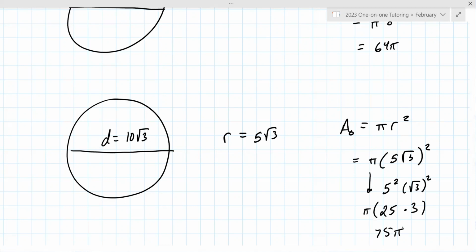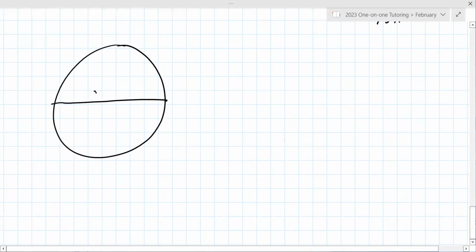Okay, I guess that makes sense. All right, so maybe try one on your own here before we move on further. Let's say the diameter is 6 square root 3.